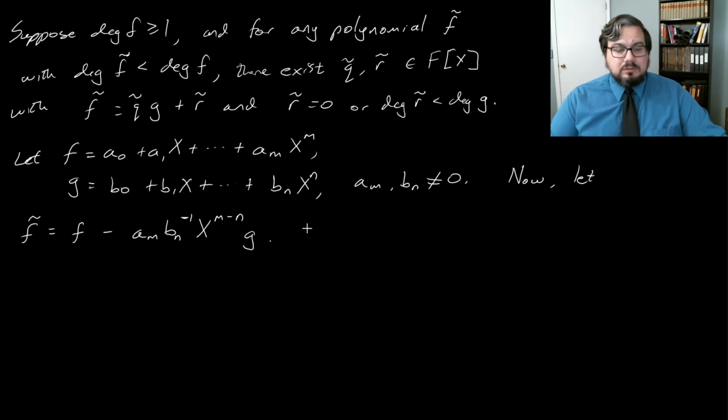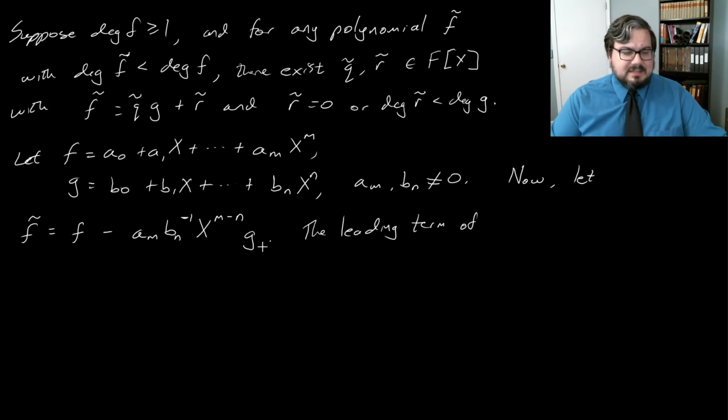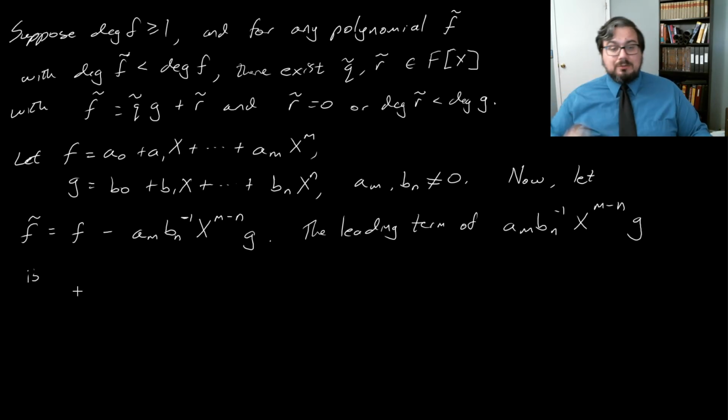Now let's look at the leading term of this second piece of the puzzle, the am bn inverse x to the m minus n g. It turns out that because we're working over a domain, the leading term of a product of polynomials is equal to the product of the leading terms.